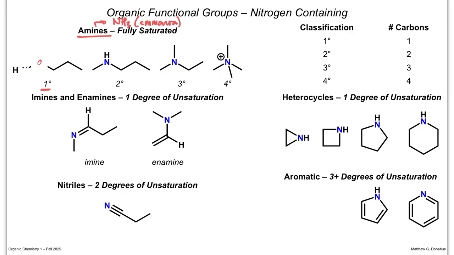Say we take ammonia and we do 2 substitutions for carbon. That's now a secondary amine. So we have 1, 2 carbons.